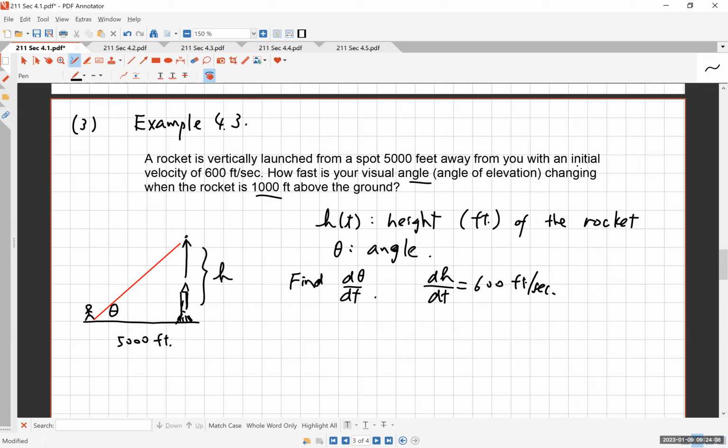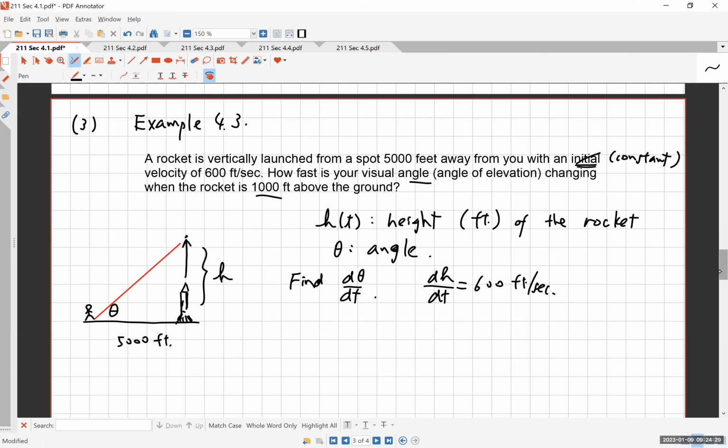Actually, the problem says that it's not just the initial velocity, but the rocket is going up at a constant velocity. It is important, okay? We need to know that it is moving constantly at 600 feet per second, so that is something we are already given.